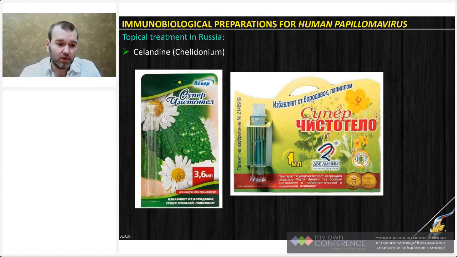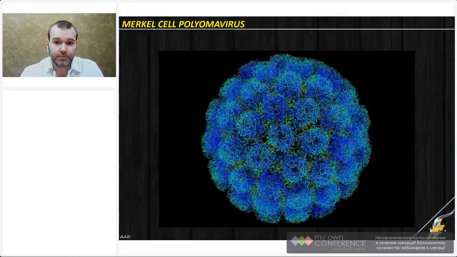It is used for removal of skin warts with some unknown mechanism of activity, but it is good, and the drug is available at any pharmacy in our country. It is absolutely safe and available. It is cheap because it is a simple extraction from herbs.